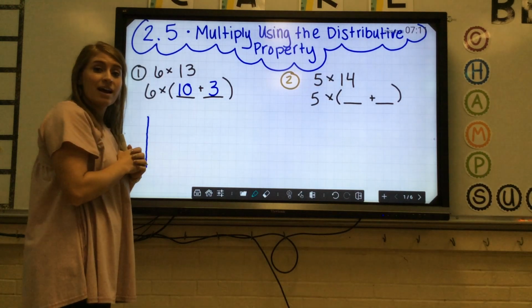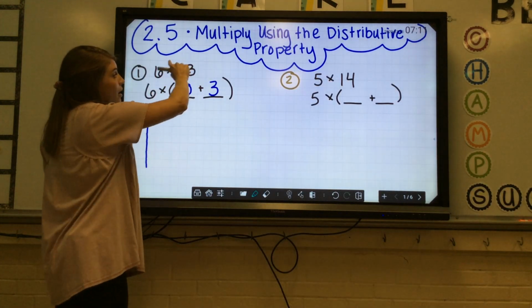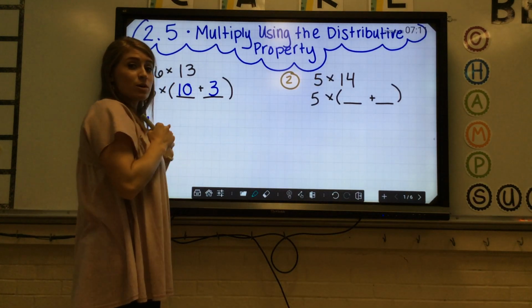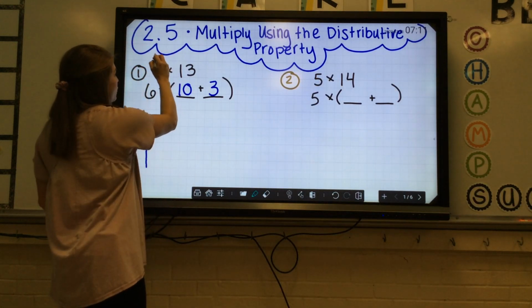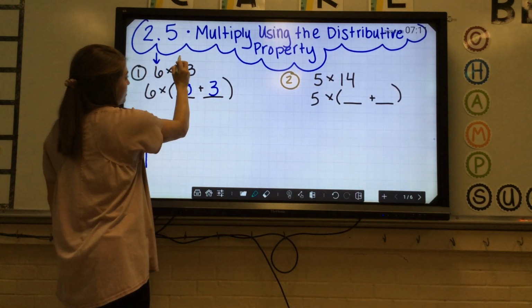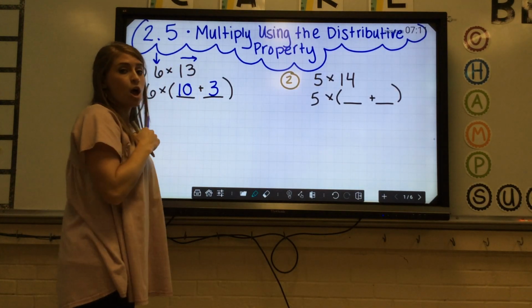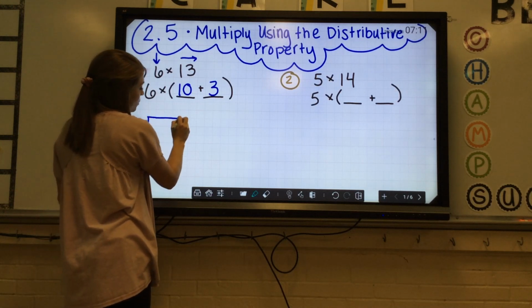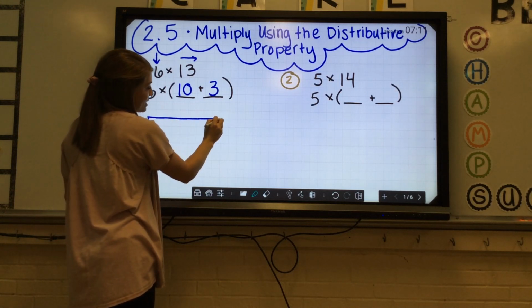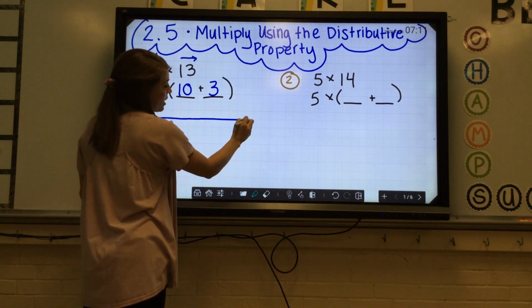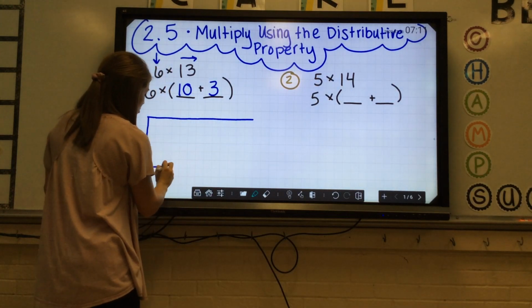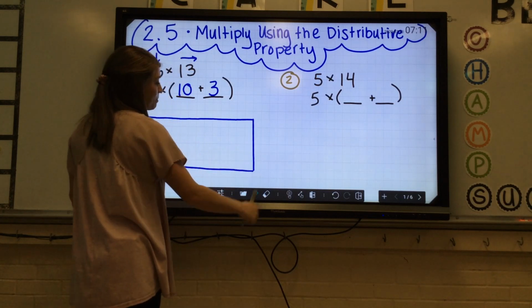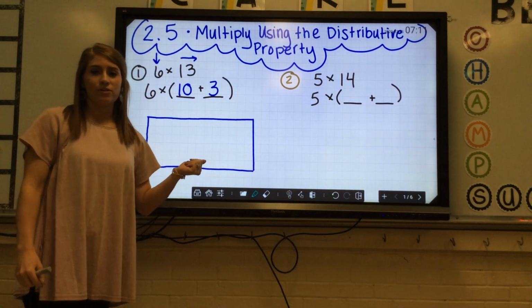And then I'm going to use my other number, 13, and draw 13 boxes going across. So this first number tells me how many down, and this second number tells me how many across. 1, 2, 3, 4, 5, 6, 7, 8, 9, 10, 11, 12, and 13. And then I'm just going to connect so that I've got this nice box, this rectangle.